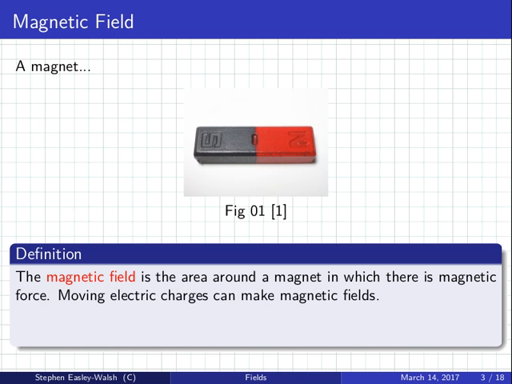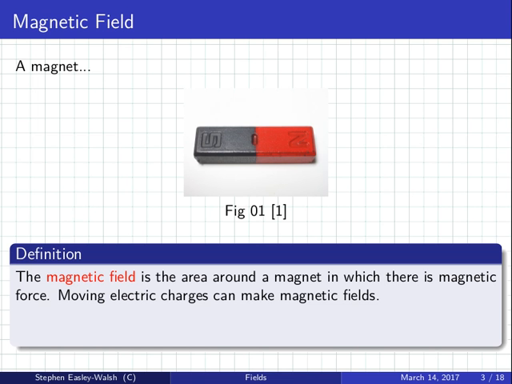And this is quite interesting because it only has this field when it's moving. So if I have a charge here, no magnetic field. But as soon as it starts to move, it makes a magnetic field around itself. That's a very important and interesting result about charges.